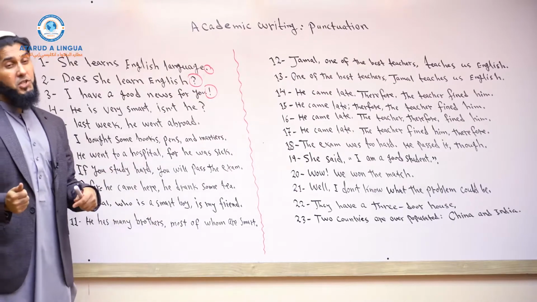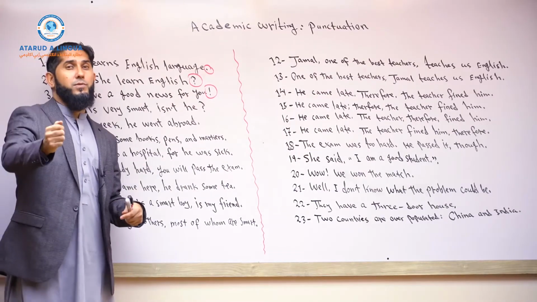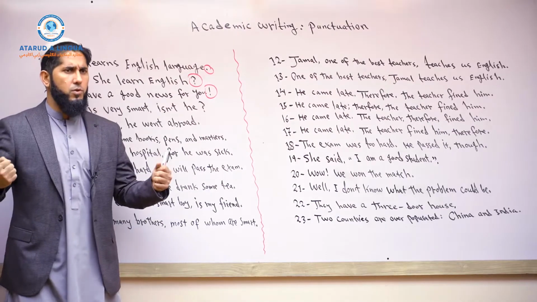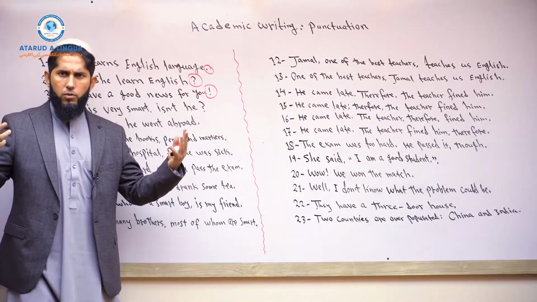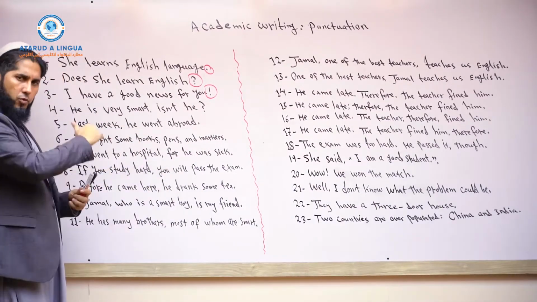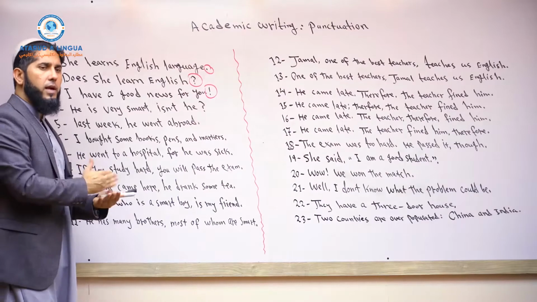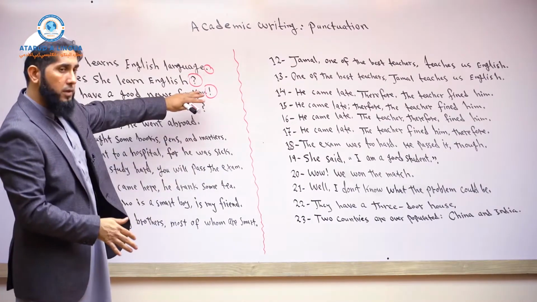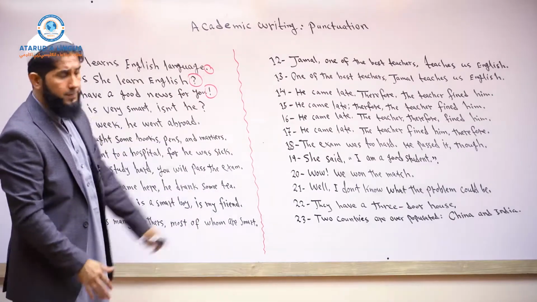Or if somebody tells you that I have a bad news for you, of course, you suddenly become nervous or sad, right? So I hope it's clear. I mean, whenever you read a sentence and it gives you a certain feeling, that is an exclamatory sentence and you need exclamation mark. Okay, this is one case. The other cases are coming later.